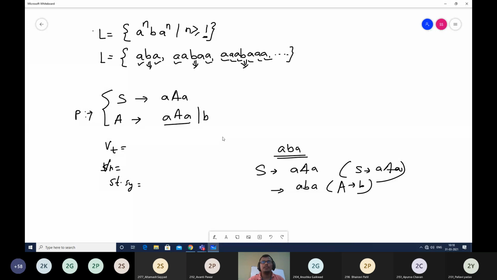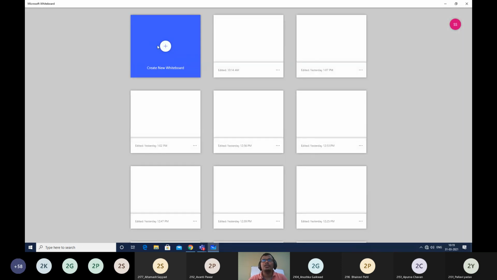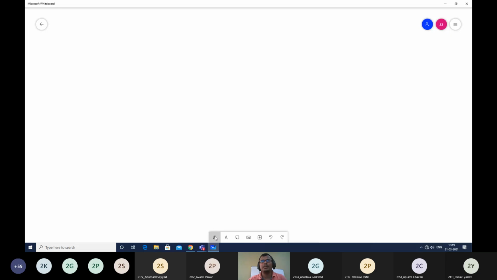In all these problems, first we need to write the language strings. After we write the strings, we need to design the production rules. Once we design the production rules, we write the remaining three tuples. Then we solve one derivation to show how one of the strings is accepted by that particular grammar. On similar lines, let us start with a few more examples today.